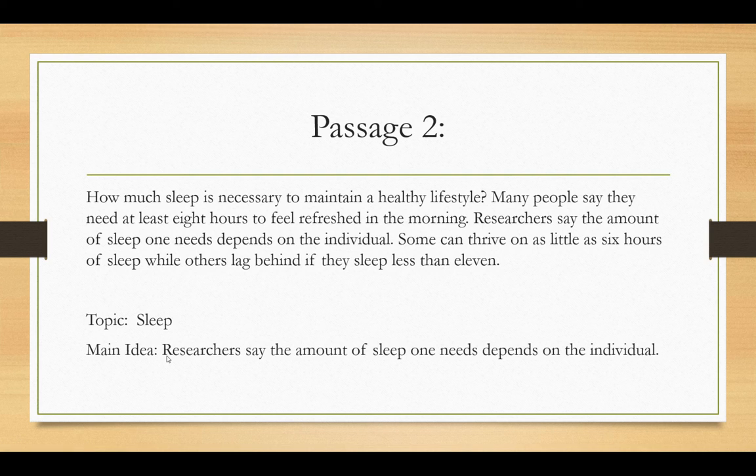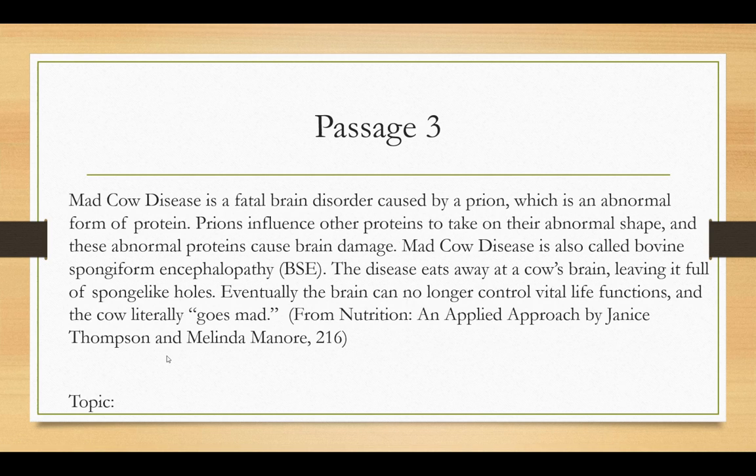Okay, let's look at our next passage. This one's a little bit longer, but let's see if we can find the topic that is being discussed. Mad cow disease is a fatal brain disorder caused by a prion, which is an abnormal form of protein. Prions influence other proteins to take on their abnormal shape, and these abnormal proteins cause brain damage.